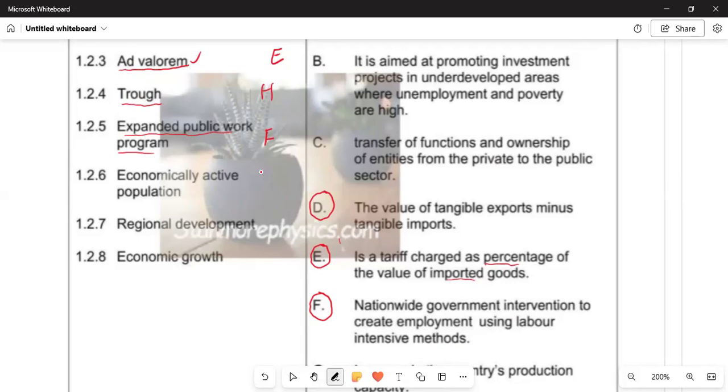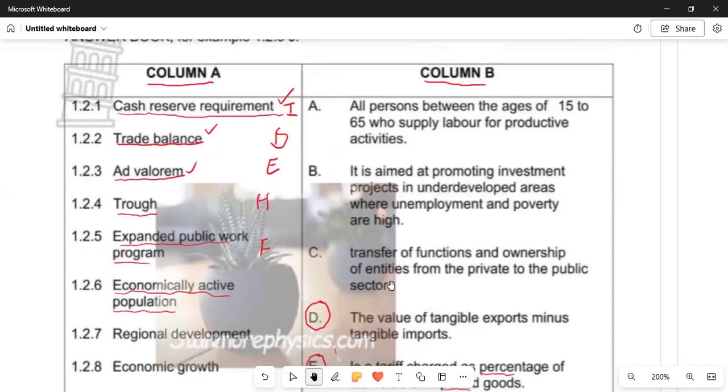Now we are moving on to 1.26, economically active population. Economically active population. So 1.26. So the correct answer is A. That is all persons between the ages of 15 to 65 who supply labor for productive activity.